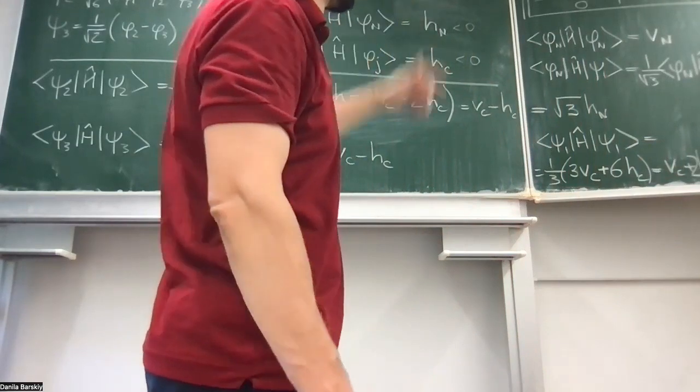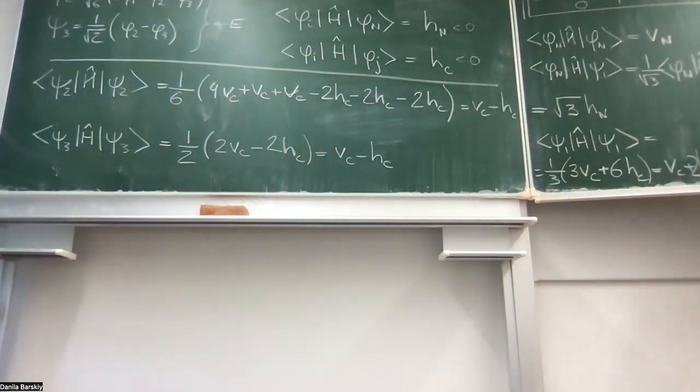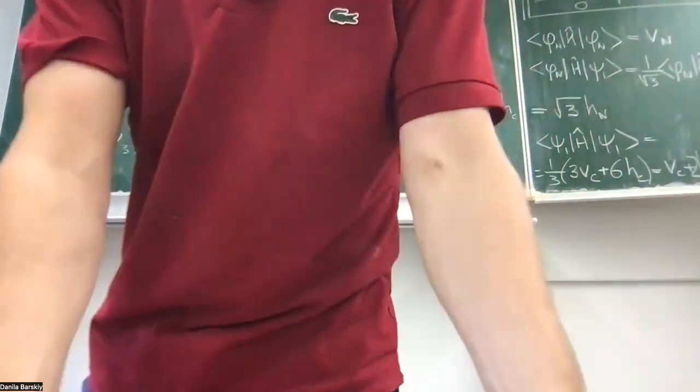So let's solve it. So we have to do this. How do you solve the determinant? So we have determinant, Vn minus E. Here we have square root 3 Hn, with square root 3 Hn. And here we have VC plus 2 HC minus E, equal to 0. Shall we do this?